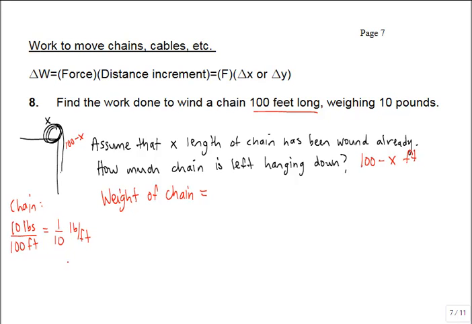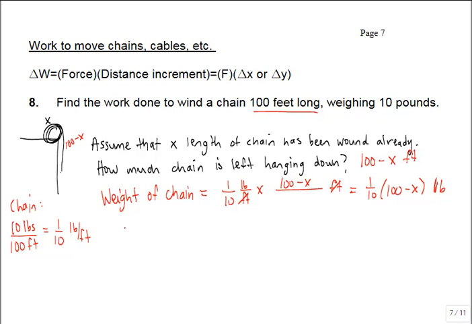So to figure out the weight of the chain, we're going to take this ratio right here, 1/10 of a pound per foot, times the number of feet that we have hanging down, which we said was this 100 minus x. And the feet will cancel, which means we're going to get 1/10 of this quantity 100 minus x, and that will be the amount of pounds or weight of that chain that's hanging down.